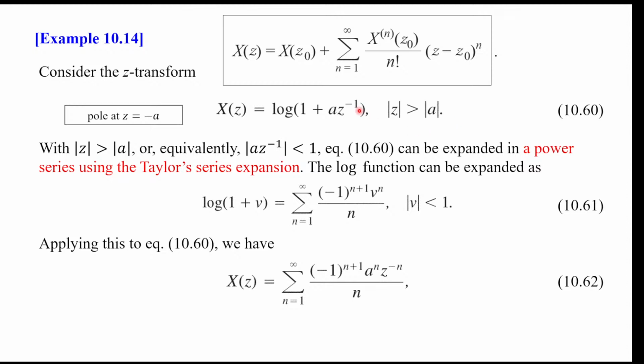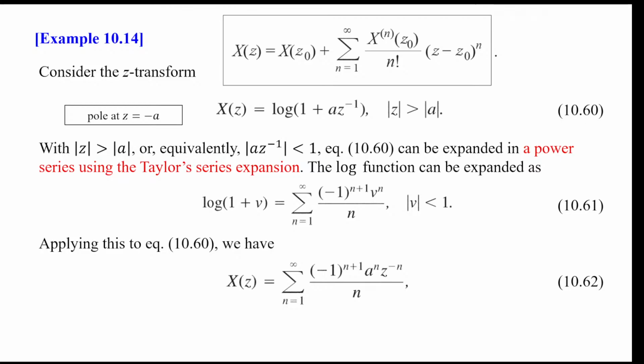And now we want to do power series expansion of this. And what we do is we don't expand in terms of z because this is too ugly in terms of z. So we actually expand in terms of this a z minus 1. So I guess I should write that here.